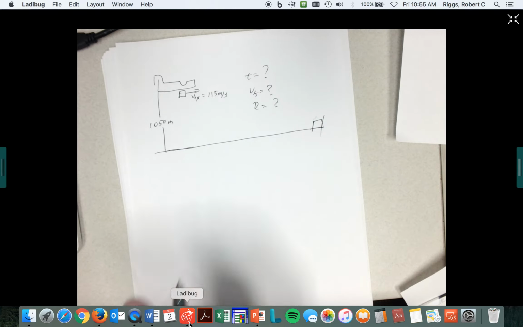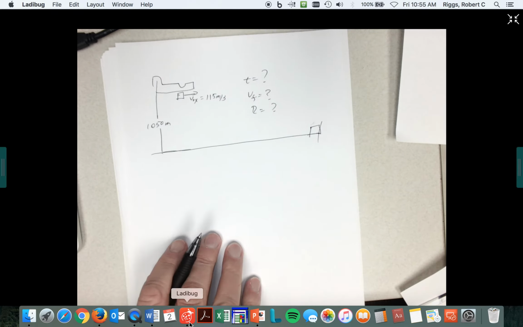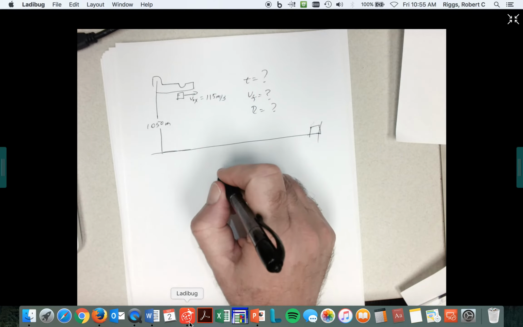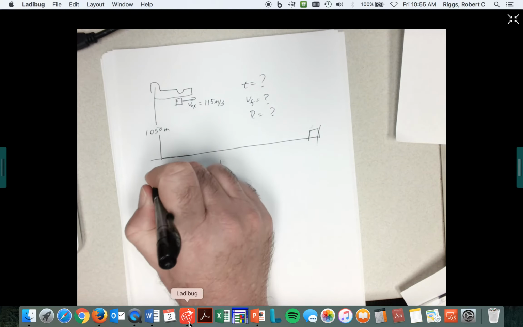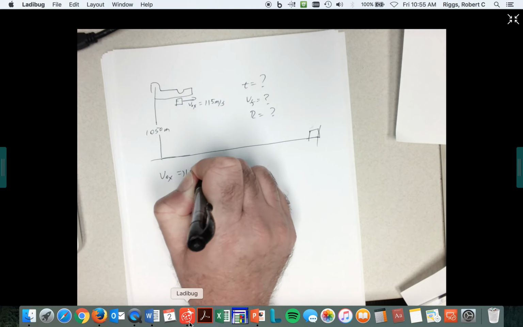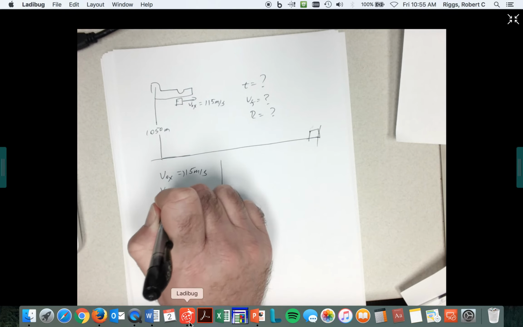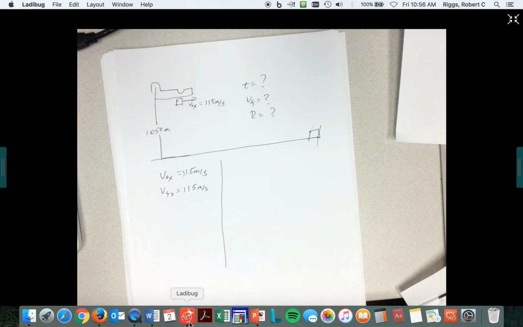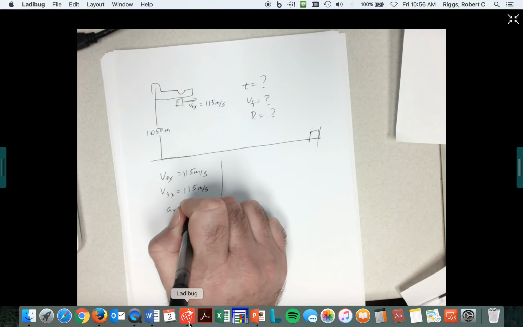So here we go. In the x direction, v naught x is equal to 115 meters per second, v final x is equal to 115 meters per second, and acceleration in the x direction is 0.